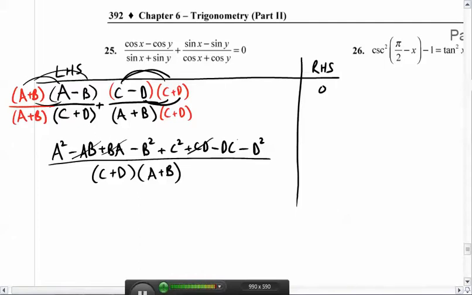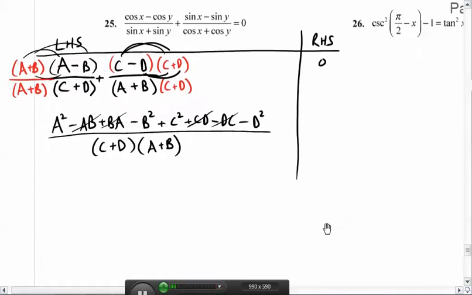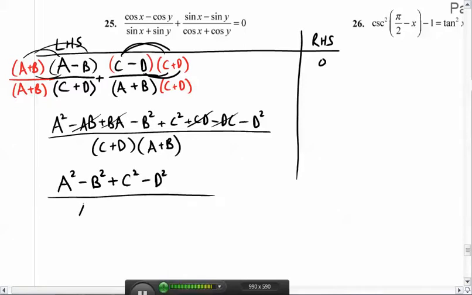Positive CD and negative DC will cancel. So now I have A squared minus B squared plus C squared minus D squared. And then I have A plus B times C plus D in the denominator.